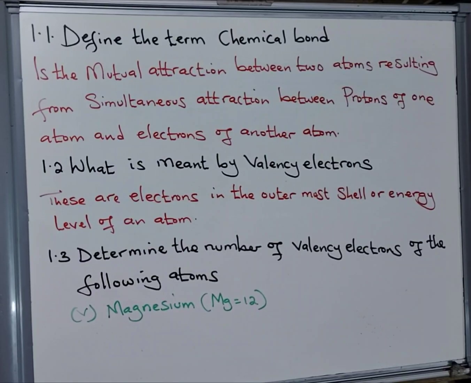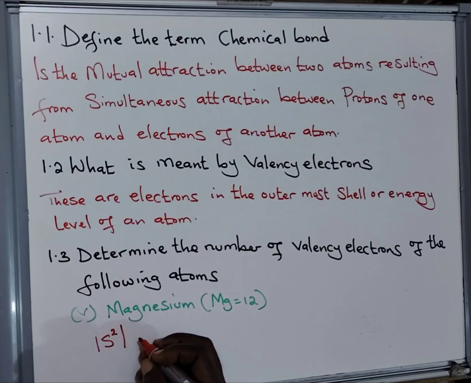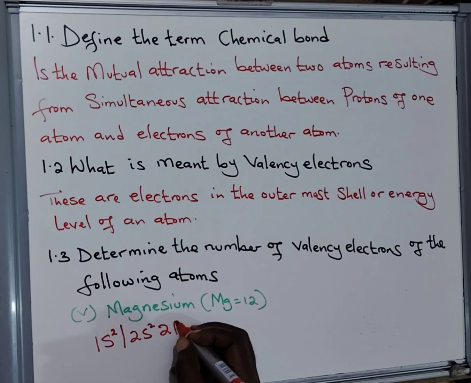Then we come to magnesium with atomic number 12. So what do we do? You say magnesium, the first orbital is 1s, taking up a maximum of 2. Then we got the second shell, which is 2s2 and 2p6.